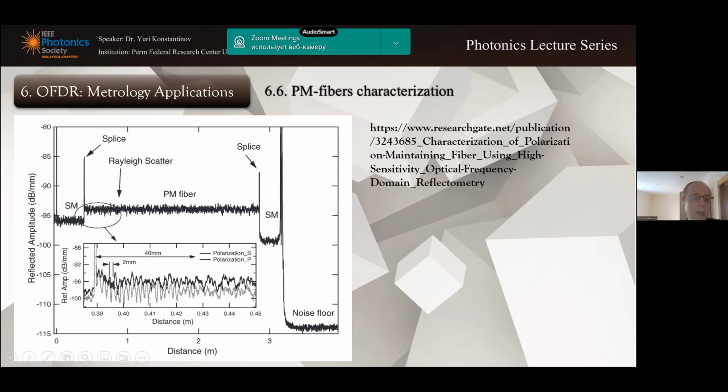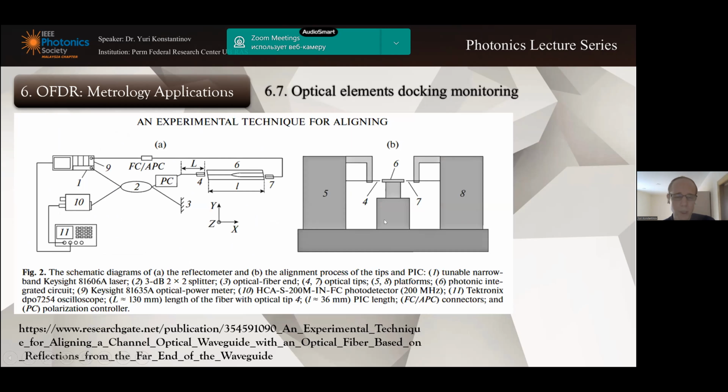So using this information, we could obtain the function of the birefringence along the fiber. This is very important for the fiber production.